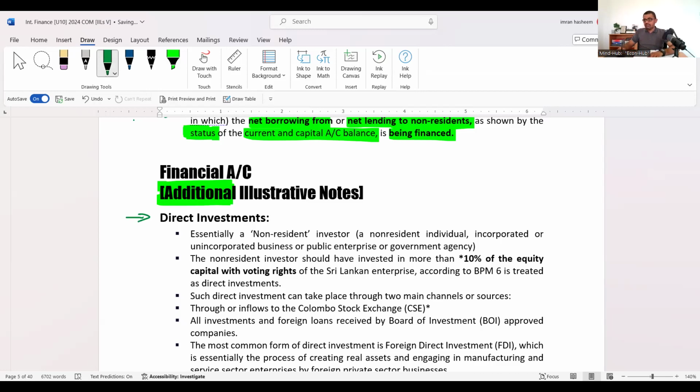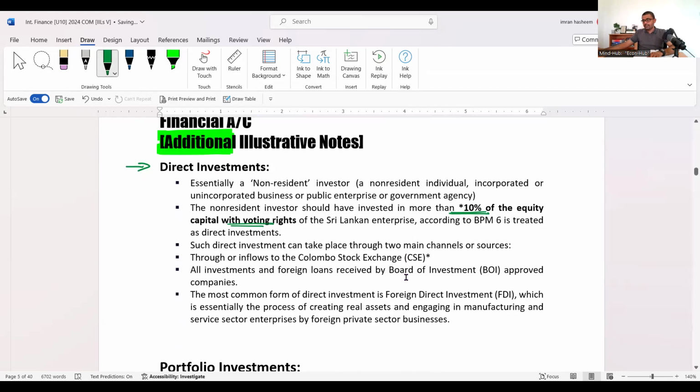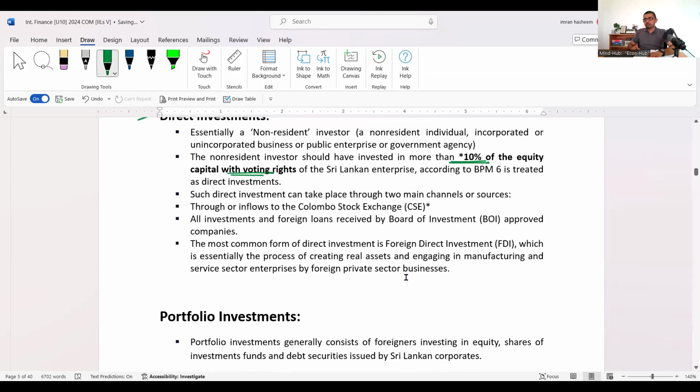If it's direct investment, it's where you have to have more than 10% ownership with voting rights of a Sri Lankan business entity. And then I would focus you on this part.